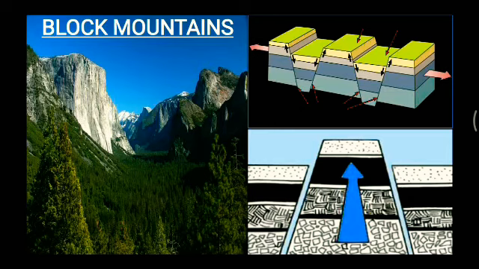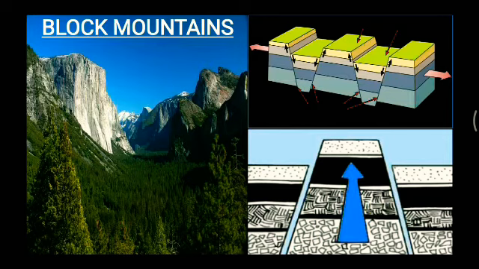Now the land between the fault lines either subsides or rises. So one gets subsided, goes down, and one rises. Alright. Now these blocks give mountains a flat top and steep slopes.